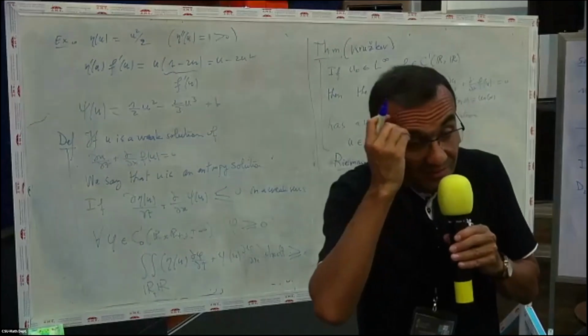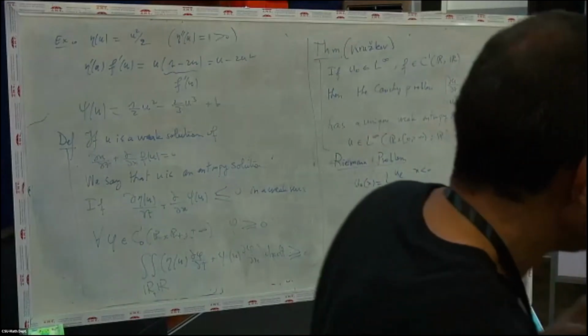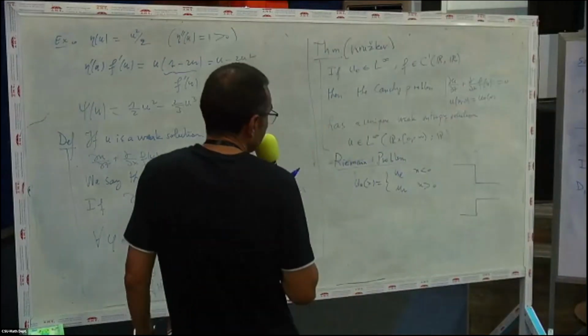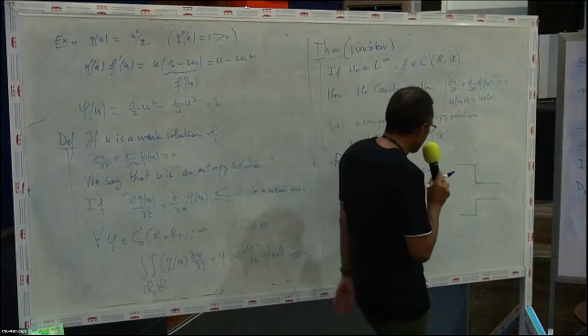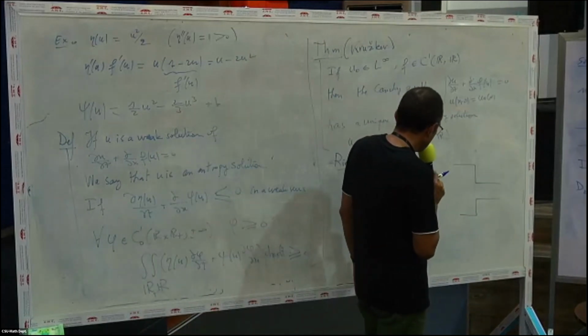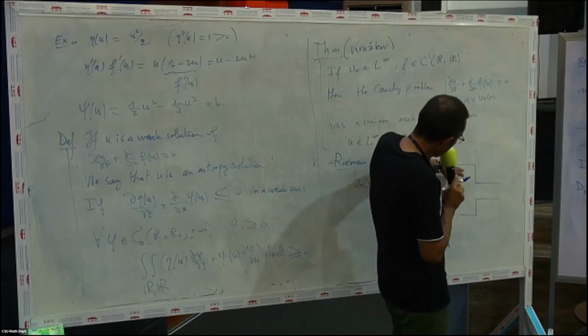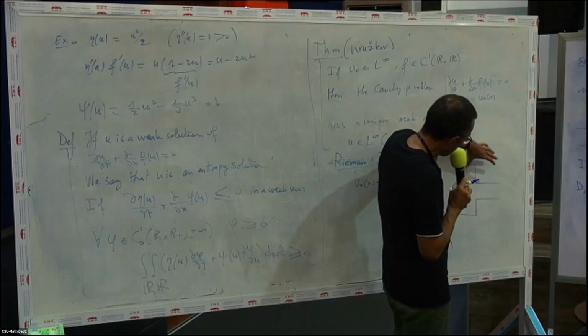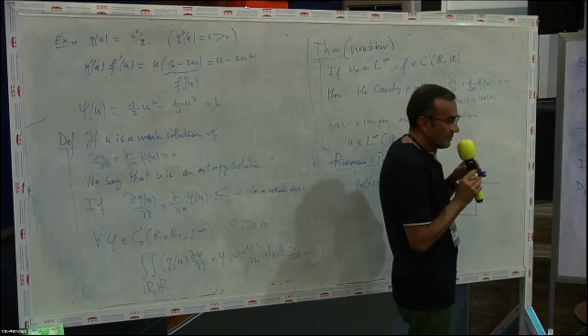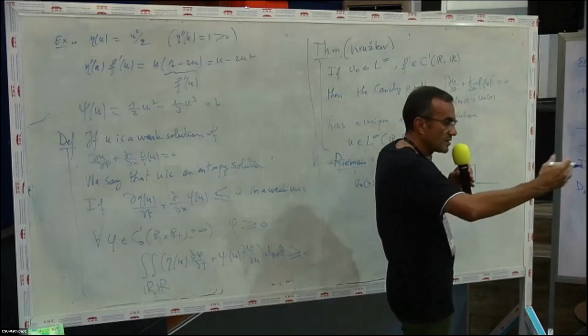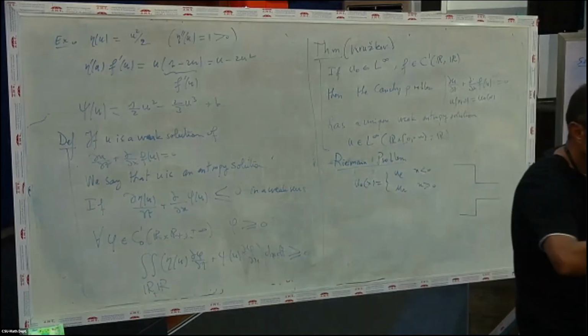We have seen this for the traffic lights, in which case we have a discontinuity. Remember, this is for traffic lights, this is 1 and 0. When you have green, normally it's not a shock wave, it's a rarefaction wave.